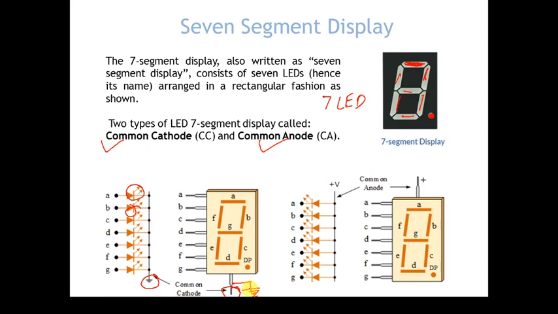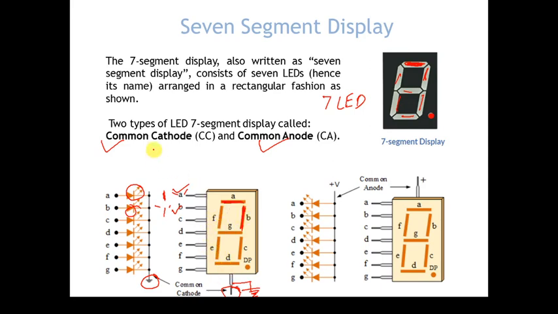In that case, when you enable segment A with logic 1, this segment A will be turned on. Try to understand. Here we only have to control segment A. When we give segment B the value 1, then this LED will be on, and the others will be off.